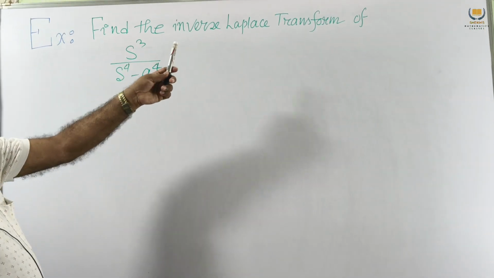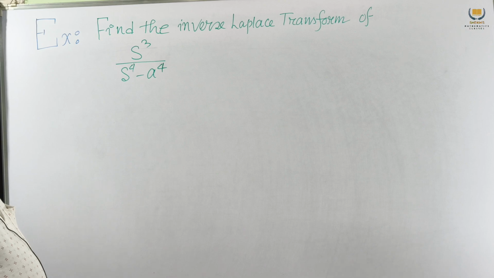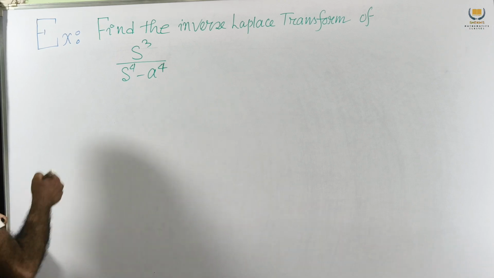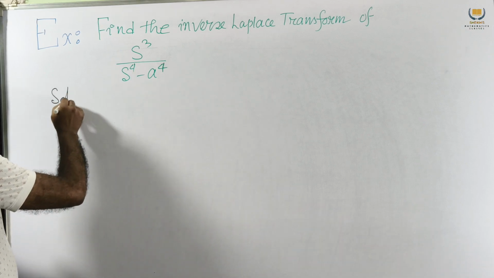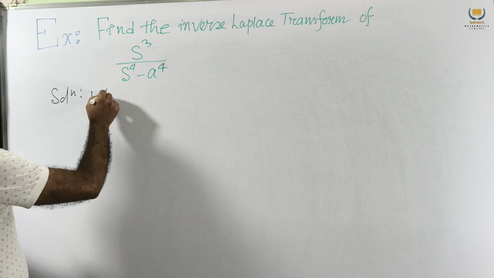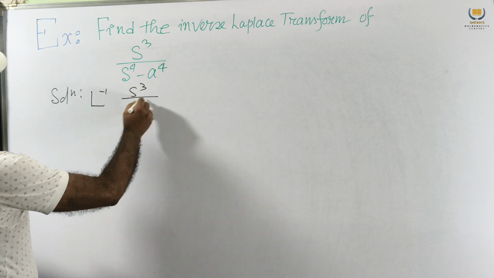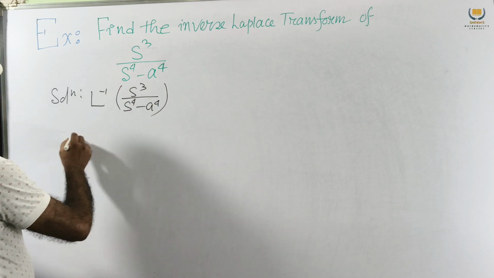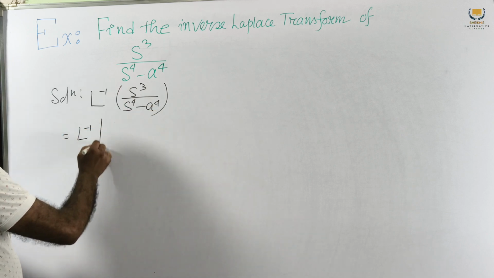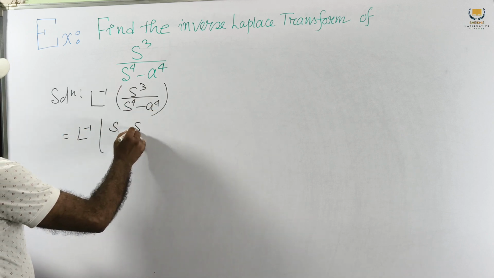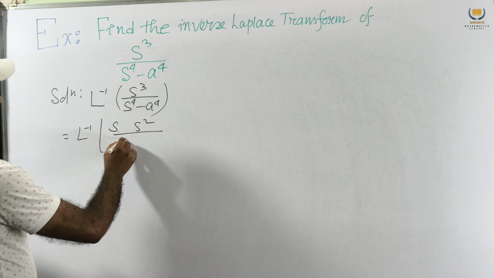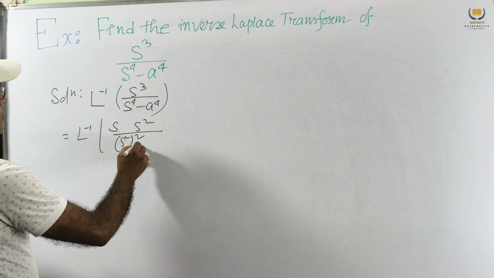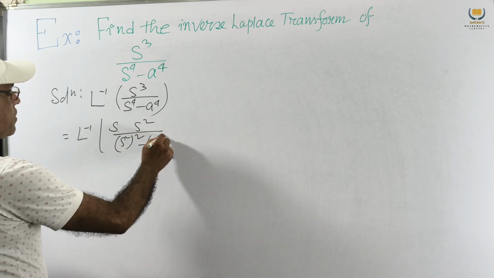Find the inverse Laplace transform of s cube by s to the power 4 minus a to the power 4. Now the solution is that: L inverse s cube by s to the power 4 minus a to the power 4, and this is L inverse s into s square, over s square whole square minus a square whole square.